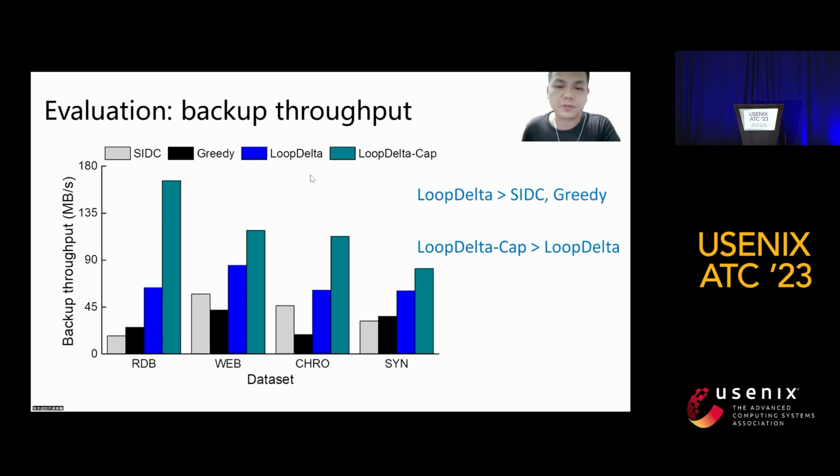This figure illustrates the backup throughput achieved by the 4 data reduction approaches. The results indicate that our approach LoopDelta achieves higher backup throughput compared to the other 2 approaches, and rewriting further significantly improves the backup throughput on top of LoopDelta.